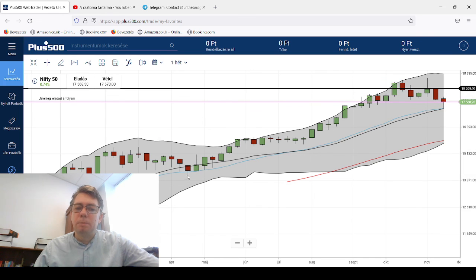We had a wick below there, but this is a very bullish trend. So let's see what happens here. But as long as we are above the 20 EMA, we have a weekly close, body close above 20 EMA, it's always good to buy the dips on Nifty.